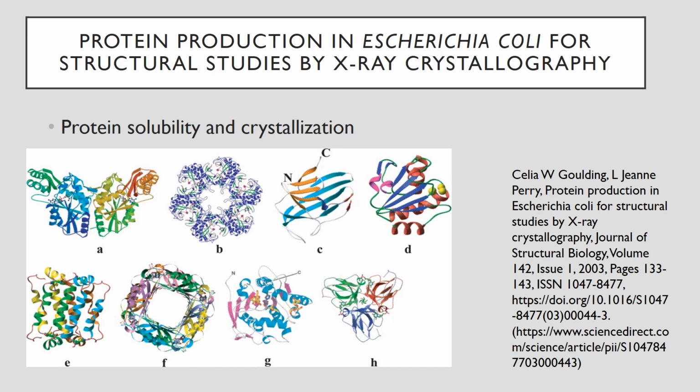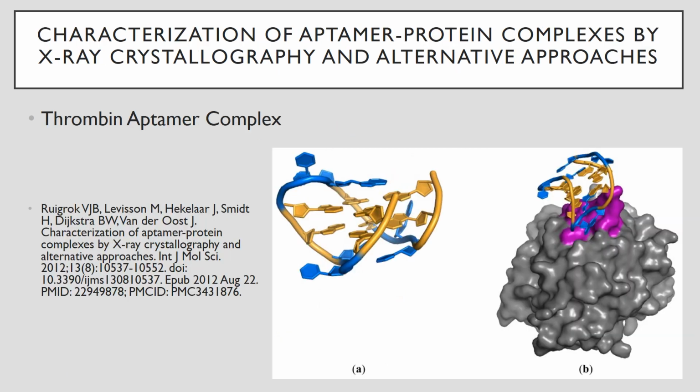The next manuscript is titled Characterizations of Aptamer Protein Complexes by X-ray Crystallography and Alternative Approaches. In this paper, the authors are trying to analyze the crystallization of the aptamer protein complex and review technical issues of using X-ray crystallography with this process, while also providing details of the specific protein interactions.